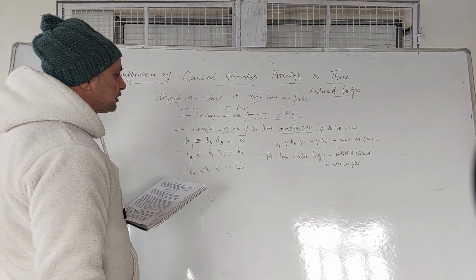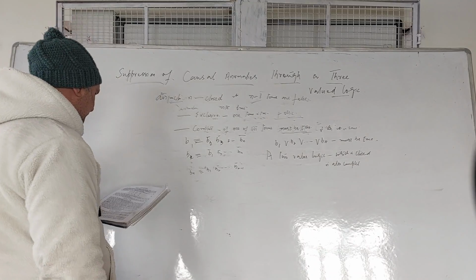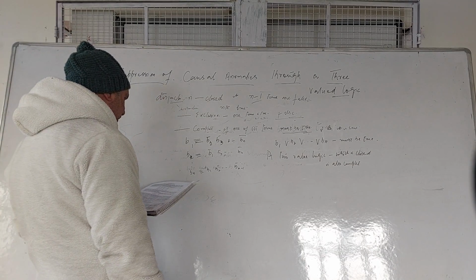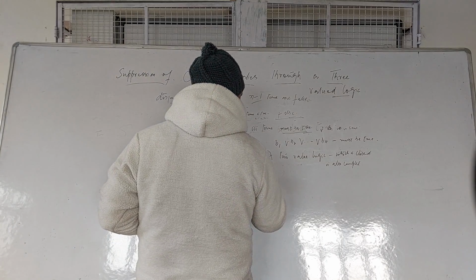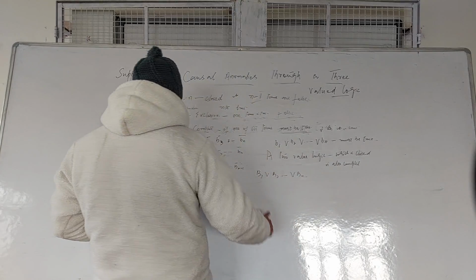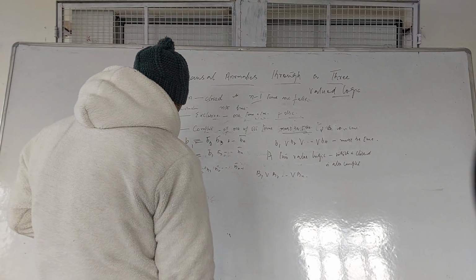So now we can see the difference between two-valued and three-valued logic. For example, we cannot derive the consequence of the disjunction B1 disjunction B2 disjunction Bn, where the disjunction is indeterminate.